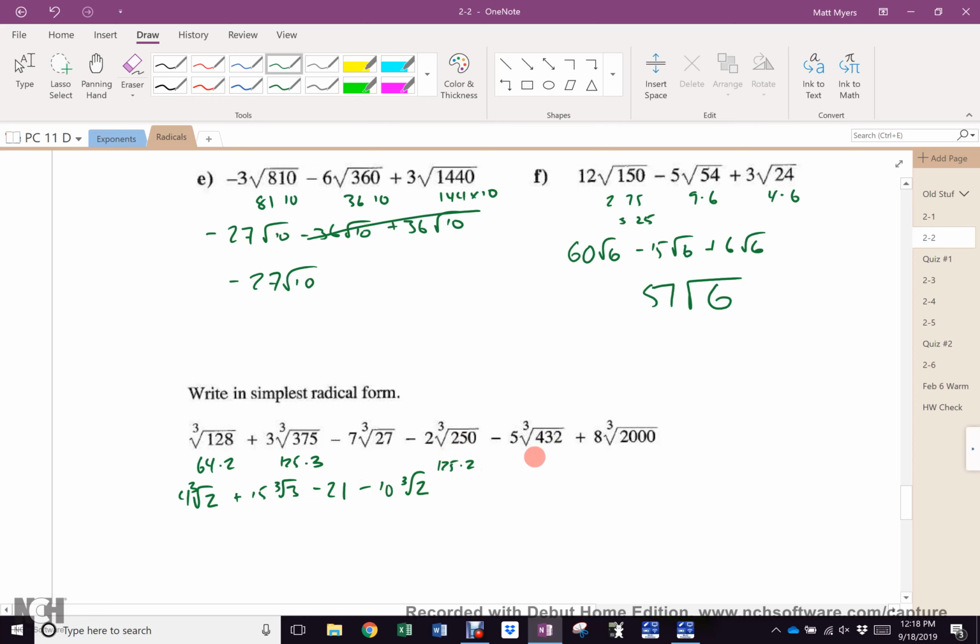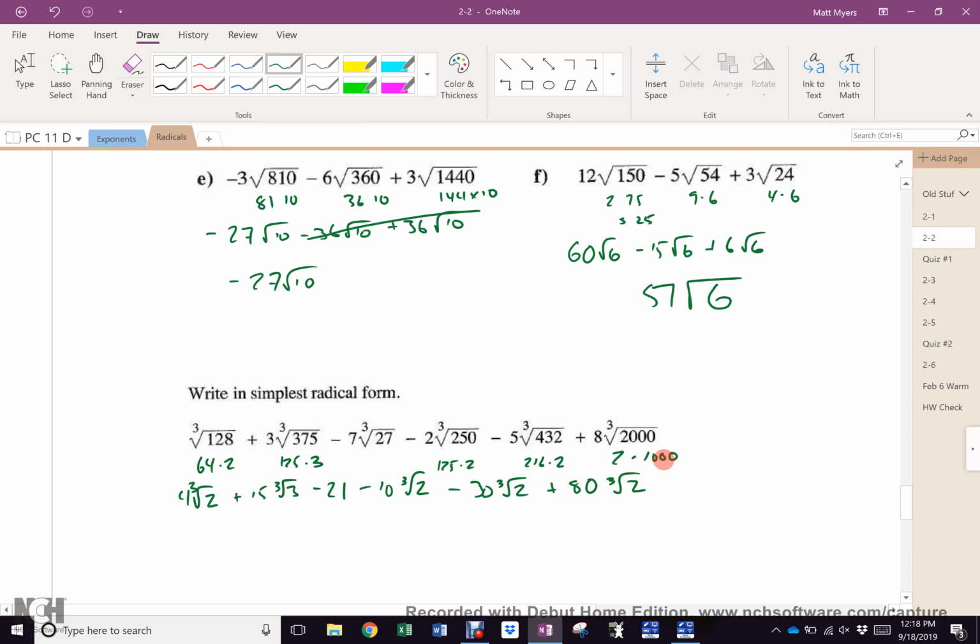432 is 216 times 2, which is minus 30 cube root 2. And 2,000 is 2 times 1,000, which is plus 80 cube root 2.